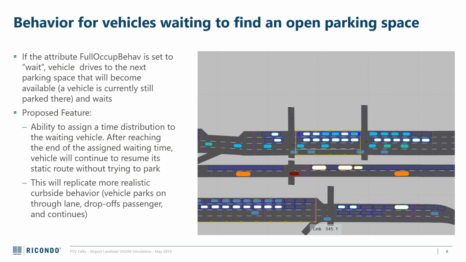Once the vehicle is waiting, it will have a time distribution. If it reaches the end of that time, the vehicle will just continue and resume whatever the former static route was. If a spot becomes available before the end of that time, the vehicle will go to that spot and park there.